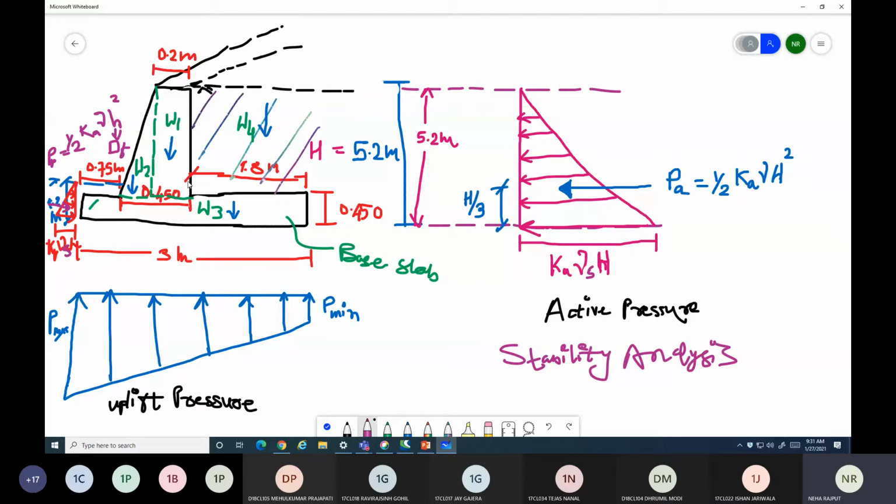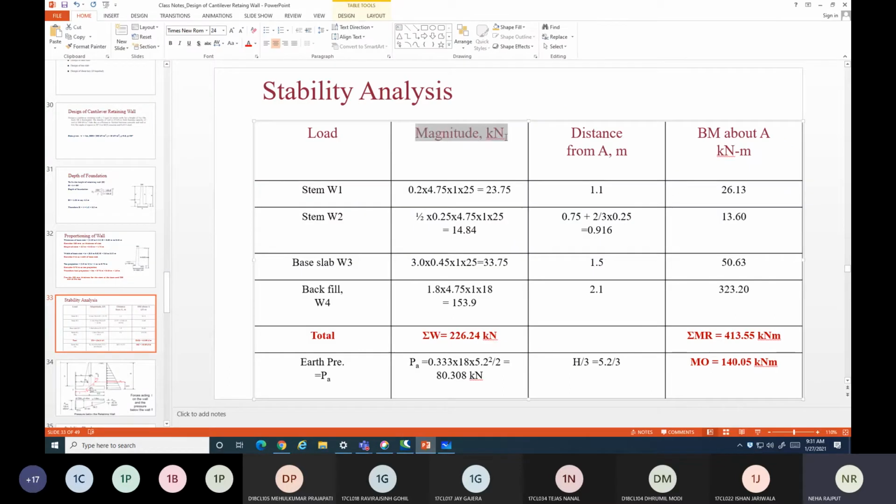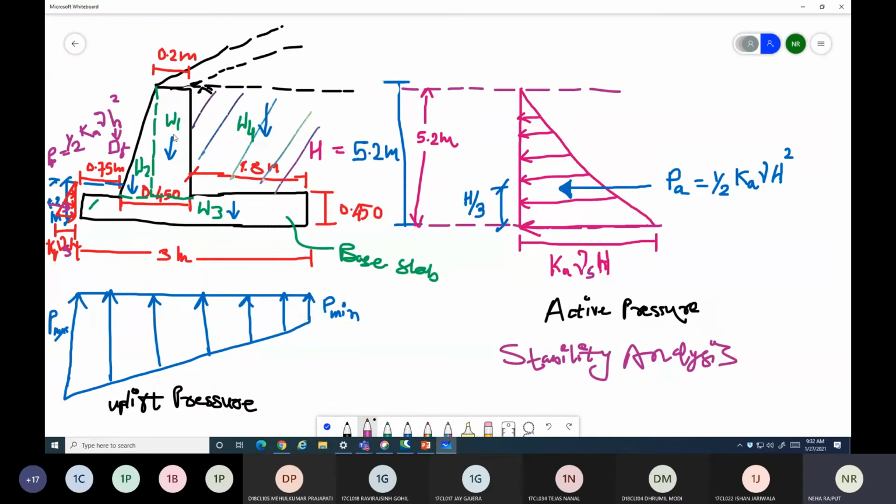The types of load are W1, W2, W3, W4, and the other loads acting are the active pressure and passive pressure. Then the magnitude: you need to find the weight of this stem part, the weight of this triangle stem part, the weight of this base slab, and the weight of this backfill. So that is the weight.